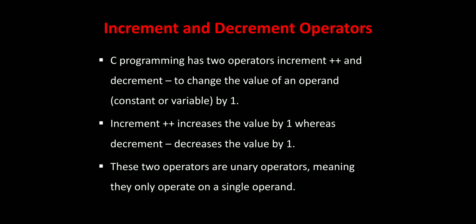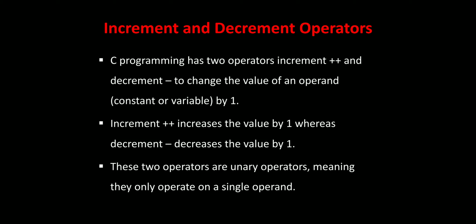For example, a plus plus: if the value of a is 5, then a plus plus increments 5 by 1, that is 5 plus 1, and the answer is 6. If it is the decrement operator, the answer is 4, because 5 is decremented by 1.